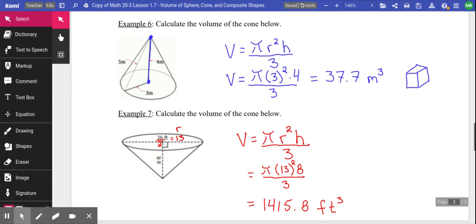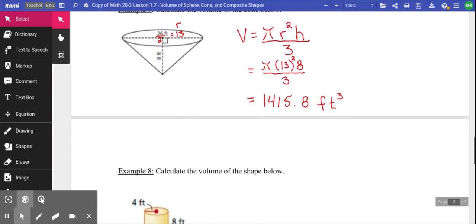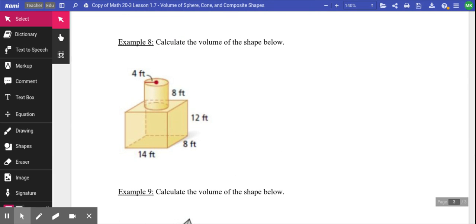Okay, composite shapes is harder, just like with surface area. So I want you to solve the rest of the cones in your practice, and then we'll do composite shapes together. We're going to crush composite shapes here. Composite shapes is kind of the same deal as composite surface area, but it's actually easier.